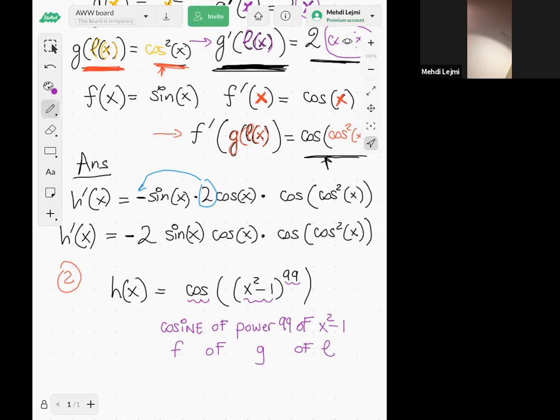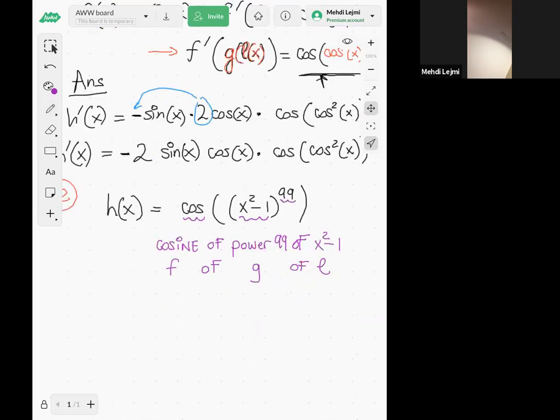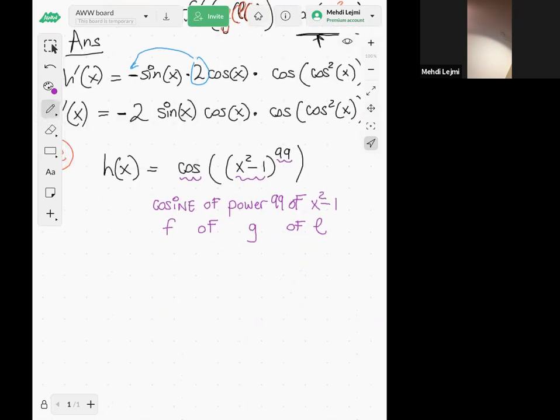So then my f of x would be cosine of x. My g of x is the power 99. Of course you need a variable, not just power 99, so the variable is x, so it's x to the power 99.